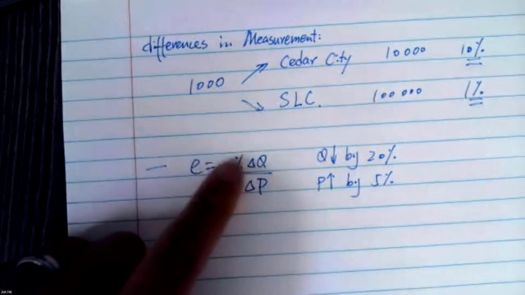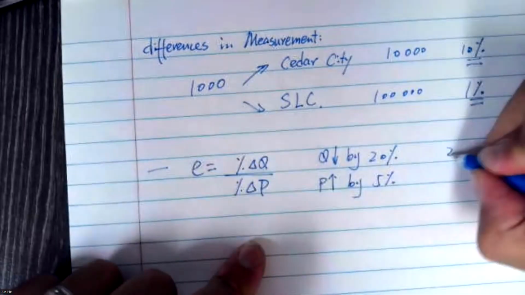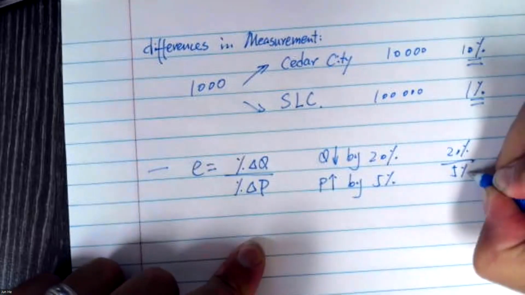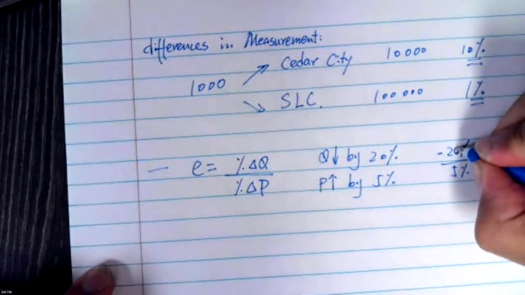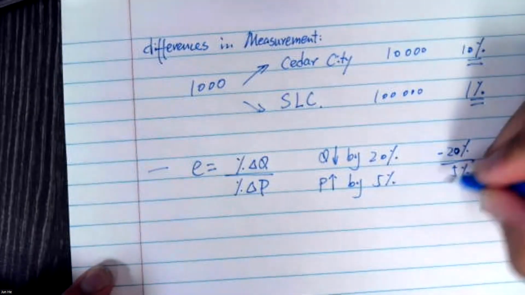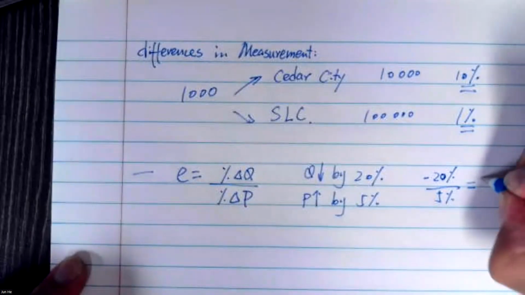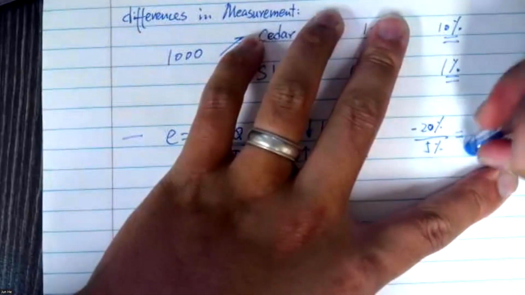right? Then what does this quotient tell you? This quotient is actually 20% over 5%. There is a minus sign, right? Because quantity decreases, so it's a minus, but price increases, so that's a positive. So here the result is minus 4, I'm sorry.